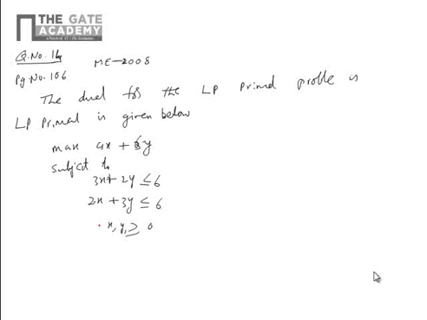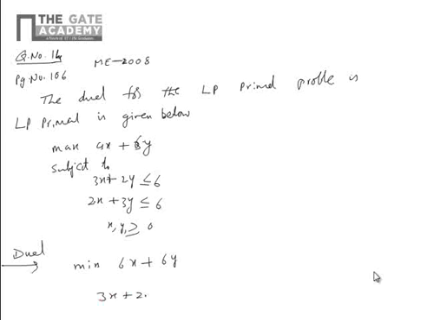This is the primal. If you want to convert this to the dual, maximization will convert into minimization. The constants will become the coefficients of the objective function, 6x plus 6y, and the matrix of the constraint coefficients will be transposed.